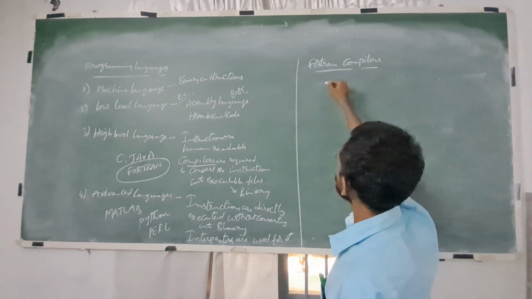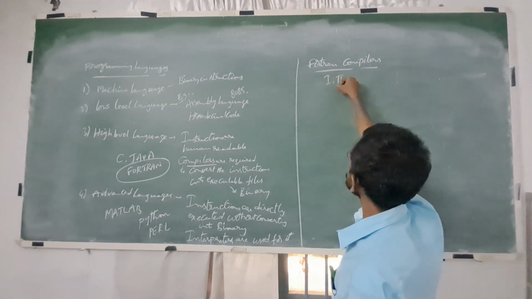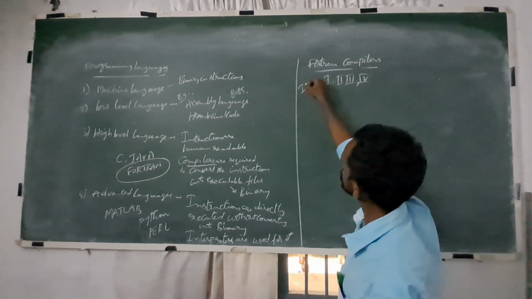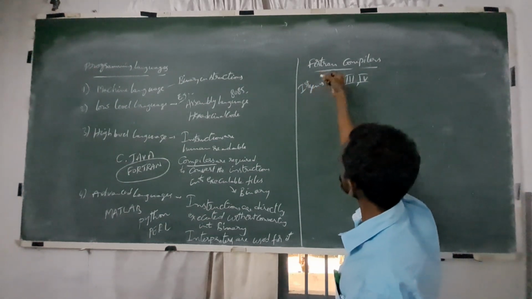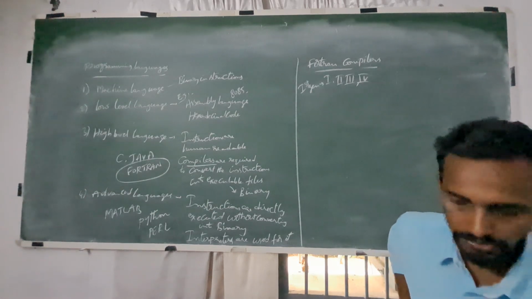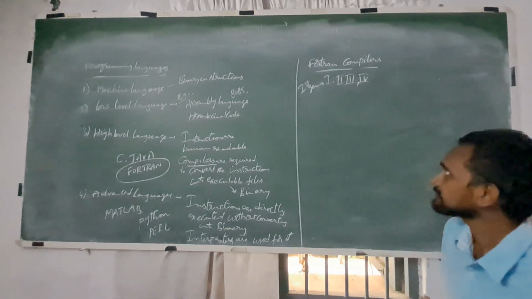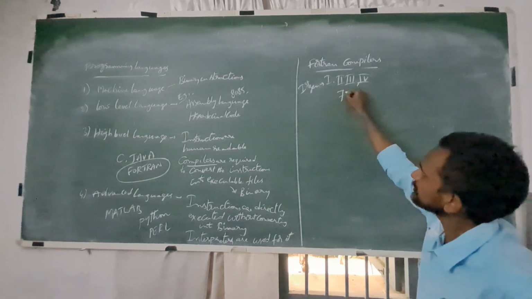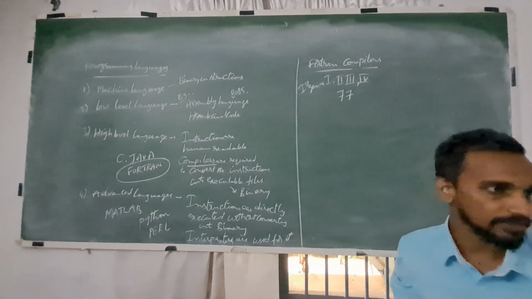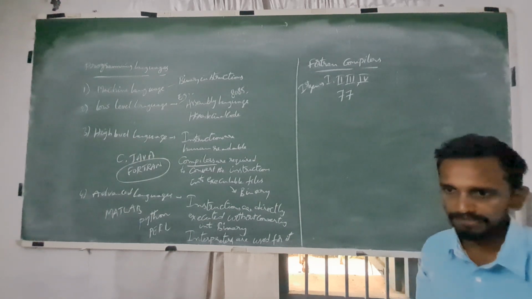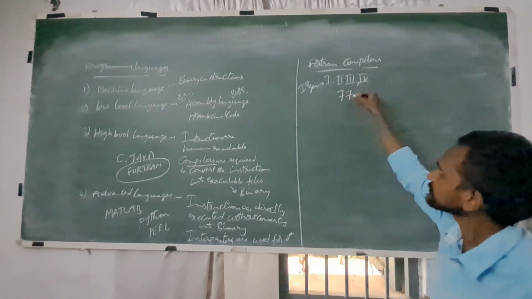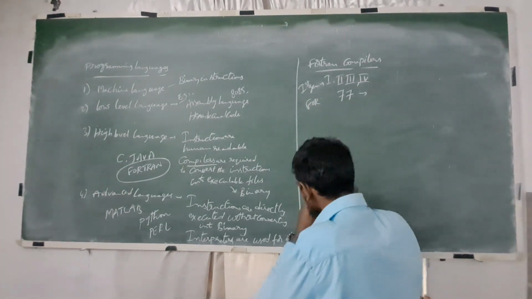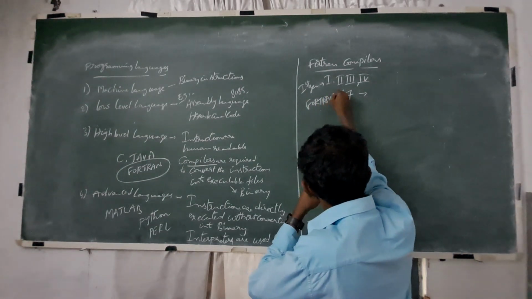The first generation FORTRAN were FORTRAN 1, 2, 3, 4. We are not using them now. In this first generation, the best used version was FORTRAN 77. It was developed in 1977.